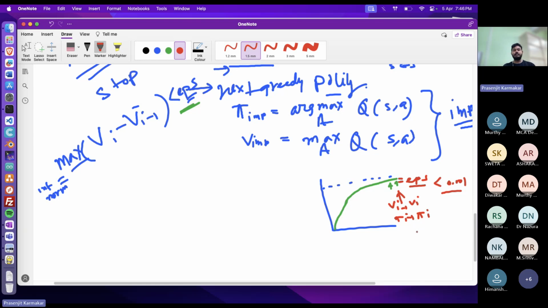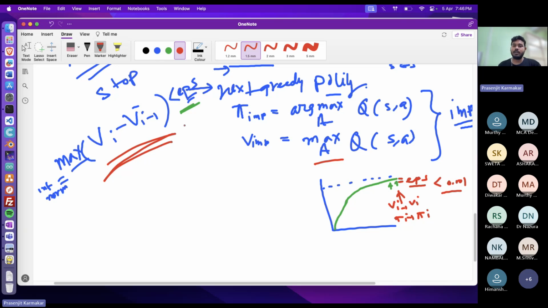If your value function is improving, not necessarily your policy is changing, because you're basically taking a max. The argmax can be the same, but your max is improving. So it's better to go with this infinite norm approach.